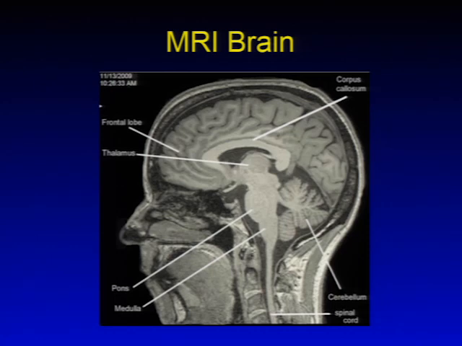Next is the MRI of the brain, which again allows one to visualize the soft tissues more easily. And on this image you can appreciate the frontal lobe, thalamus, corpus callosum, pons, cerebellum, and spinal cord.